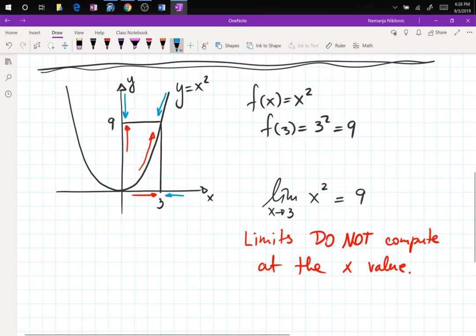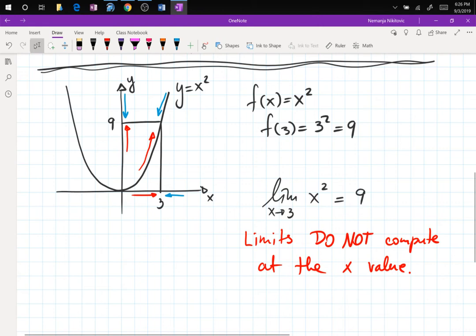Limits do not compute at the value. They compute everywhere else except at 3. Juliet took on all x values before 3. And Romeo took on all of the x values after 3. And they computed the y values, infinitely many y values, before and after 3. Neither of them computed at 3.